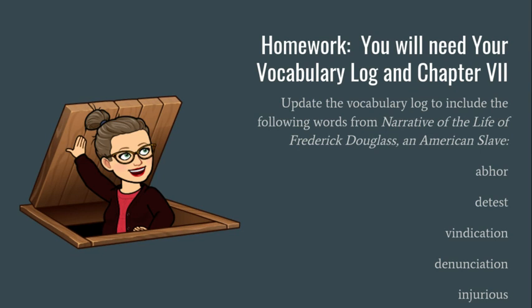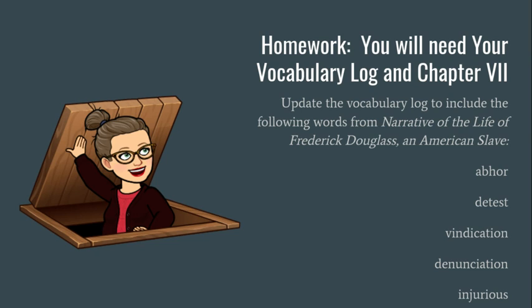And now, homework. You will need your vocabulary log and Chapter 7 of Narrative of the Life of Frederick Douglass. You are going to update the vocabulary log to include the following words from Narrative of the Life of Frederick Douglass, an American Slave. In fact, I would go ahead and type these words into your vocabulary log before the end of class.